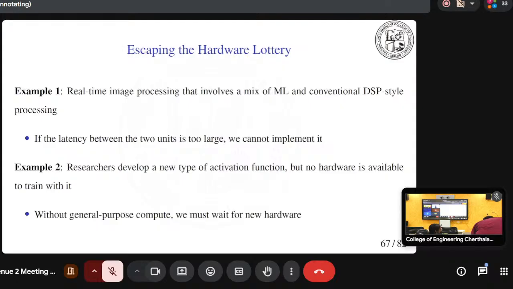The possible solution is to reduce the latency between these two units, and it can be done in, say, matrix multiplication, with approaches like stochastic or sparse multiplication. In sparse multiplication, we will omit the non-relevant data. Okay, so sparse multiplication is a solution.